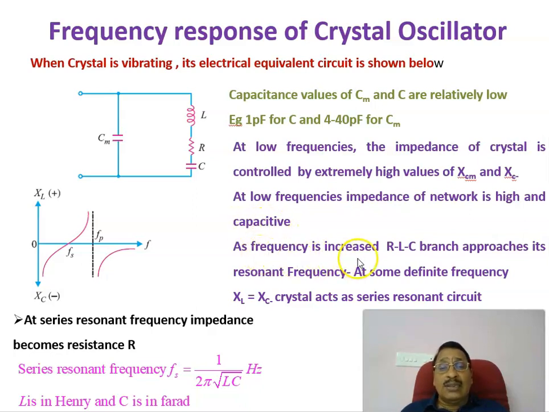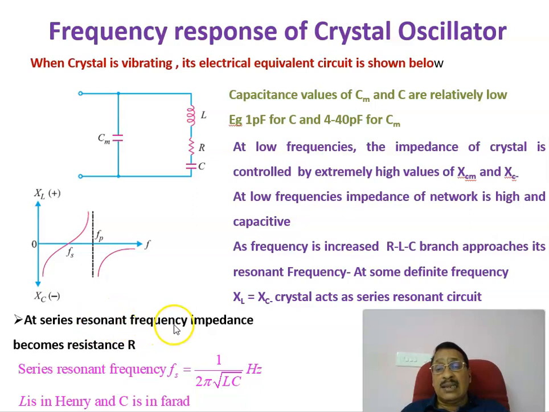As frequency is increased, the RLC branch approaches its resonant frequency. At some definite frequency, the capacitive reactance XC will be equal to the inductive reactance XL. That we call the resonant frequency. At resonant frequency, the reactances cancel and you get maximum current, that is minimum impedance.